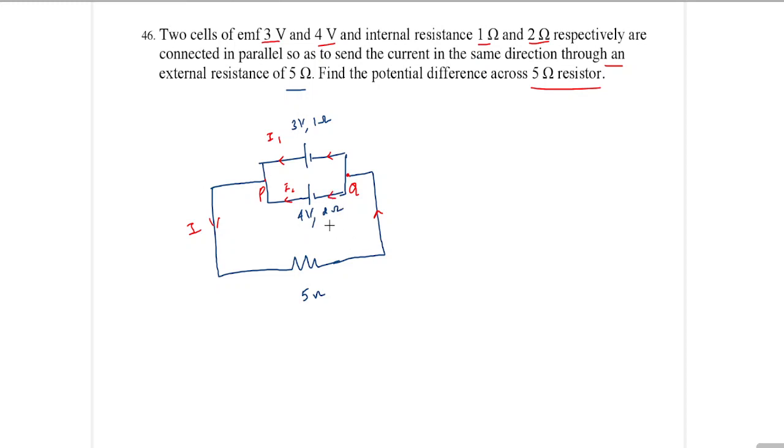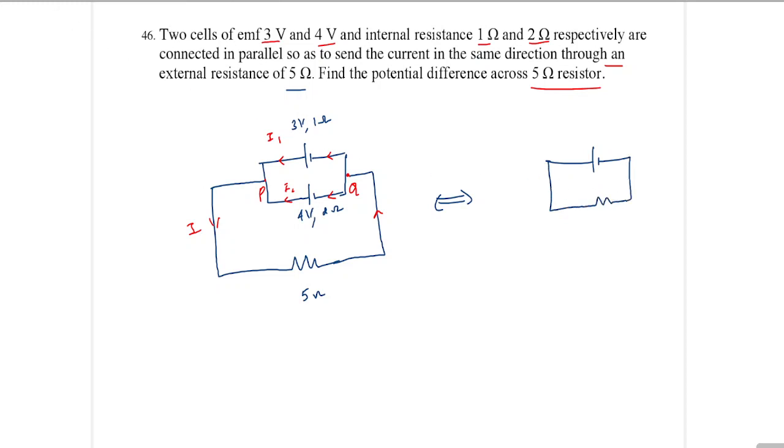As I told, we could find using Kirchhoff's law, or a simpler way is to use the equivalent resistance concept, which means we can replace these two cells by a single cell, such that even that cell will send the same current.